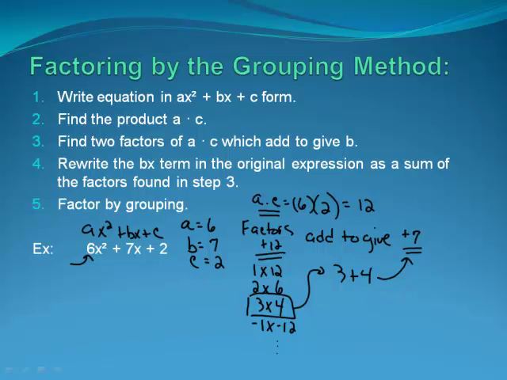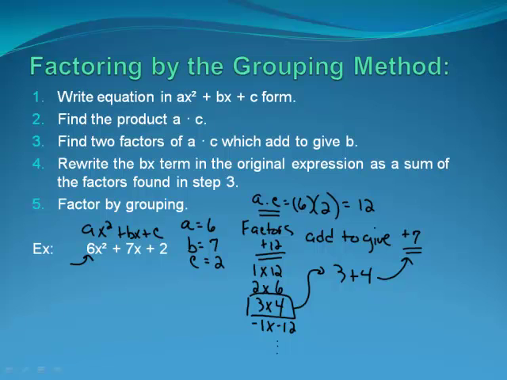So what we're going to do with those two factors, again, is different from what we did before. For the easier trinomials, when we found those factors, we just put those in our groups and we had our answer. But notice that's not what we do with them here. What we do here, this is step number 4, we're going to rewrite the middle bx term in the original expression as the sum of the factors we just found.